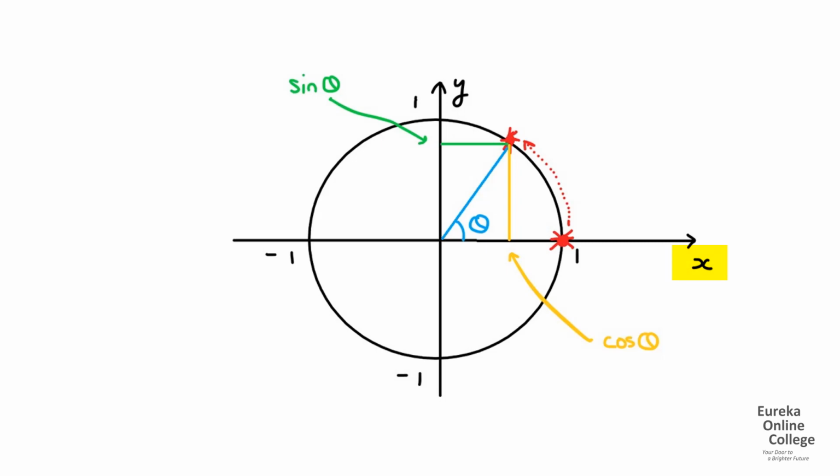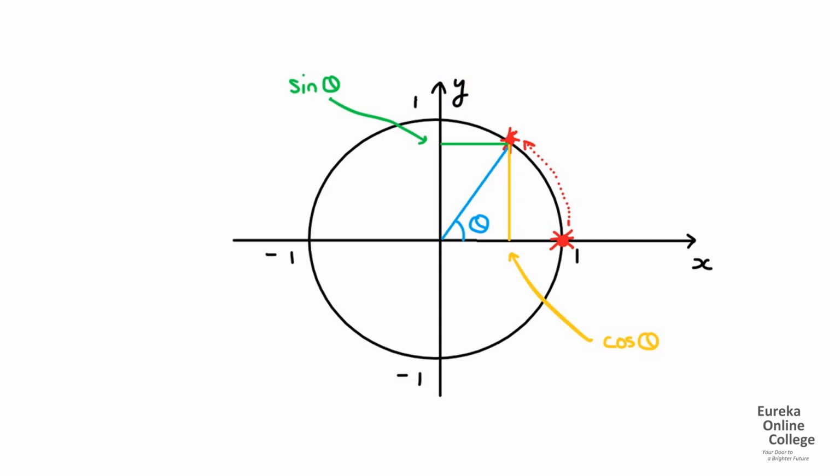Theta is the angle that he's made with the positive x-axis. His x-coordinate is what we're going to call cos theta. It's not a length, it's a coordinate. Similarly, the ant's y-coordinate is what we're going to call sine theta. So wherever the ant is on the unit circle, his y-coordinate is going to be called sine theta.